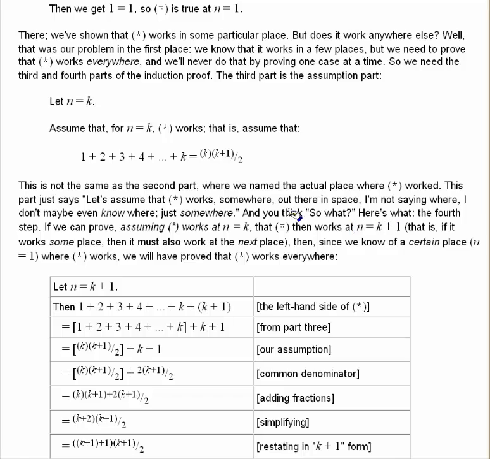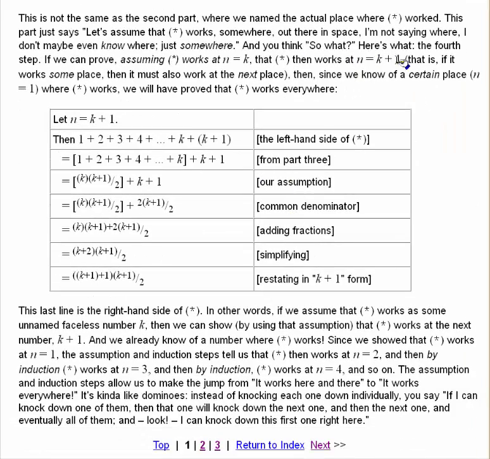All right. So to show that it works at n equal k plus 1, let's plug in n equal to k plus 1. Then the left-hand side of our star is the numbers from 1 up to k plus 1. Now remember, we're assuming that it's true when n is equal to k. What do we have when n equal k? Well, we only have the first k numbers.